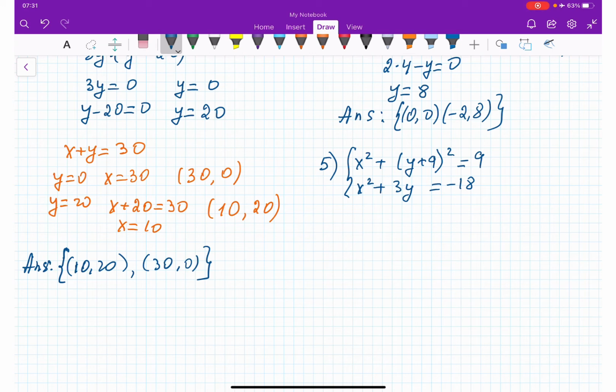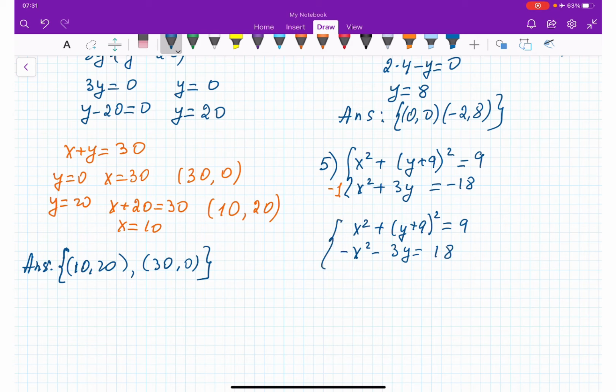When in the second, all I have is 3y, which will become negative. So multiplying this one by negative 1, we are getting x squared plus (y plus 9) squared equals 9. And here we get negative x squared minus 3y equals positive 18.